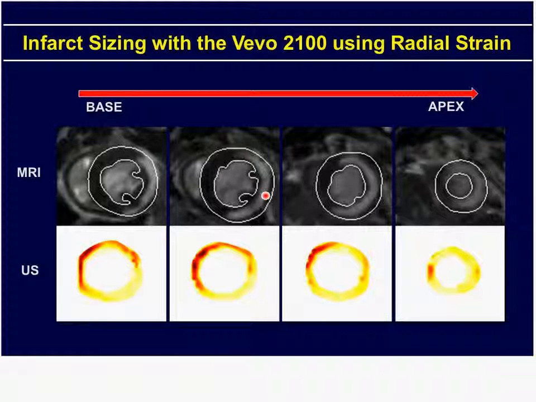That's defensible in the sense that late gadolinium enhancement is now considered, at least at the clinical level, the gold standard with regard to infarct sizing. So in earlier validations, yes, we've confirmed it with TTC. It would have been preferable to have done the TTC in this study as well. I don't have that data to share with you today, but since we previously validated it, we have every reason to believe that it's true.